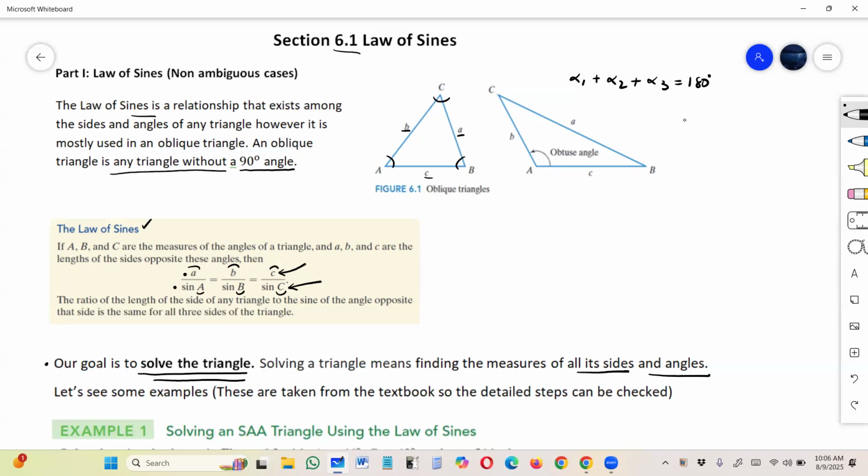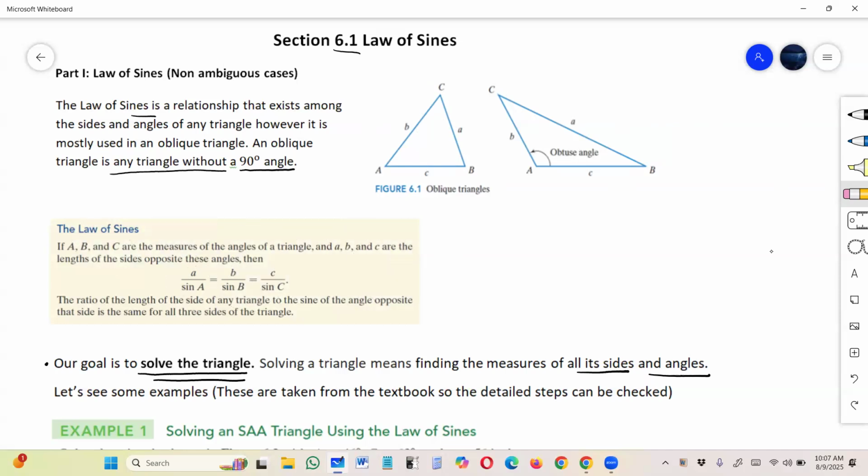Whatever problem we're dealing with, if we're missing, for example, two sides and maybe one angle, we have to find this angle and the remaining sides. If we're given two angles and maybe one side, all we have to do is find the angles and the side, or whatever combination we have. This is what solving a triangle means.